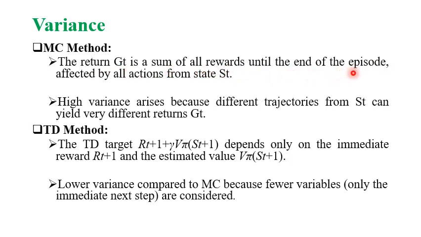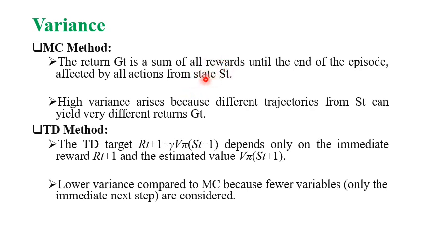Imagine for one trajectory the return is the sum of all rewards, and another trajectory is also the sum of all the rewards. Because the number of involved reward terms is high, we have a variance here.